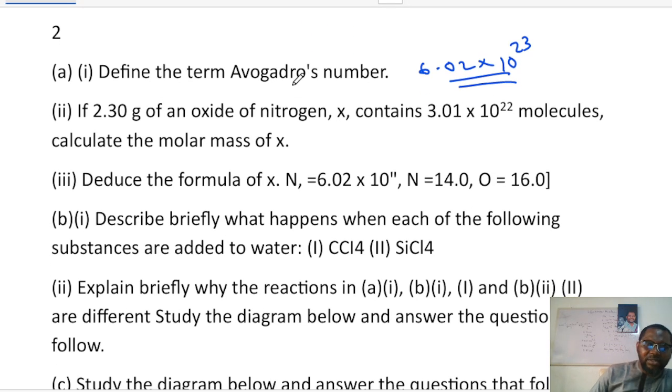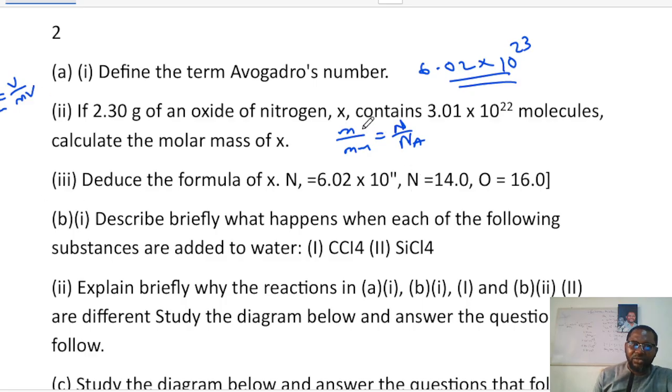Now the next question says, if 2.30 gram of an oxide of nitrogen X contains 3.01 times 10 raised to the power 22 molecules, calculate the molar mass of X. It's quite easy because you can use the formula mass over molar mass is equal to number of particles over Avogadro's constant. In the case of volume, you can also say mass over molar mass is equal to volume over molar volume.